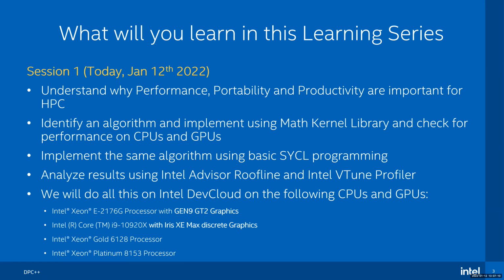One is the Xeon Gold processor, which I think is an 8-core processor, and then we also have the Xeon Platinum, which is a 32-core processor, right? So we have a mix of hardware, two GPUs and two CPUs with different characteristics, and this is what we will use to measure performance, and then eventually in the next sessions we will work on optimizing to achieve performance portability across these platforms.